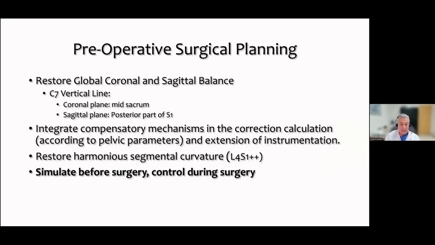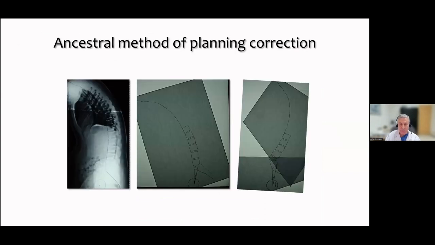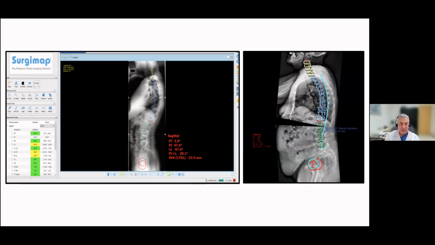So in our department, through a multidisciplinary consultation, we plan the surgery before, plan and simulate the surgery. You know all the methods of simulation. This is ancestral, where with films, we cut the films and we know the angle for restoring.